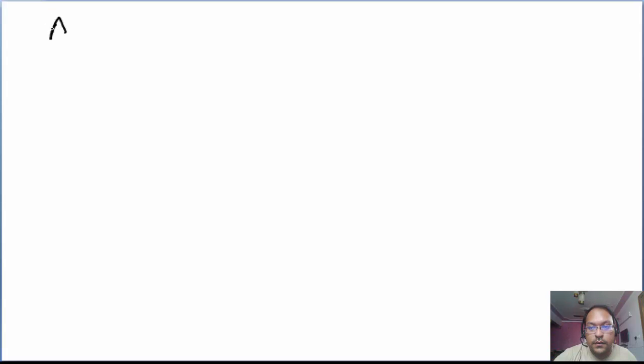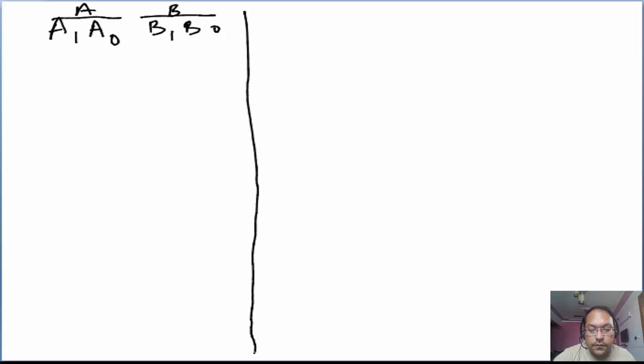So we have two numbers, A1, A0, B1, B0. These two represent A, these two represent number B. And we have three outputs: A less than B, A equal to B, and A greater than B. Since we have two numbers A and B and each number is of 2 bits, we have a total of 4 inputs, A1, A0, B1, B0.